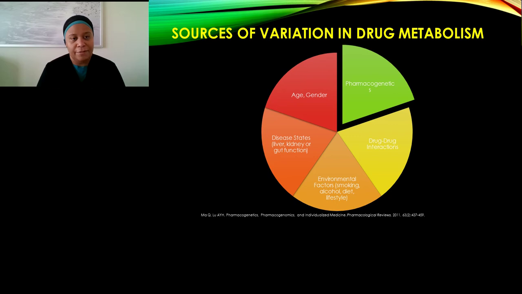The sources of variation in drug metabolism are not just genomics. Genomics is one piece of the puzzle, but it's very important to understand drug-drug interactions, environmental factors, disease states, and other factors like age and gender that affect a patient's drug metabolism.